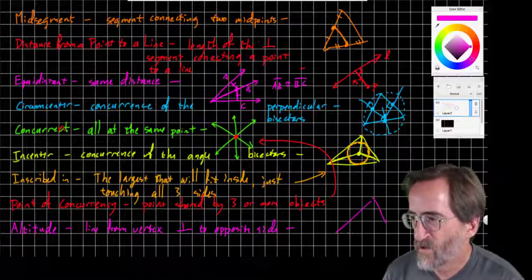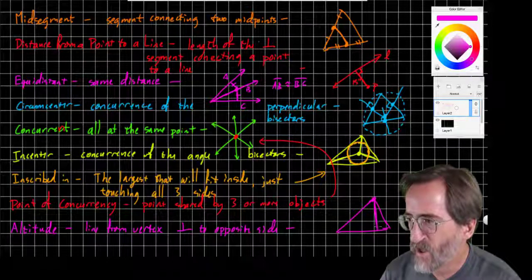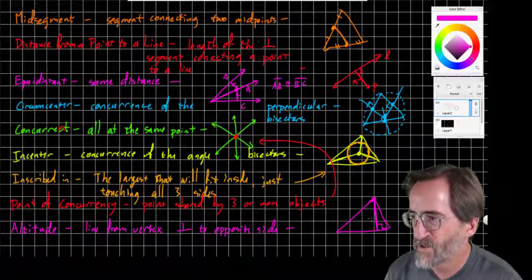A triangle has three altitudes perpendicular to the opposite side.